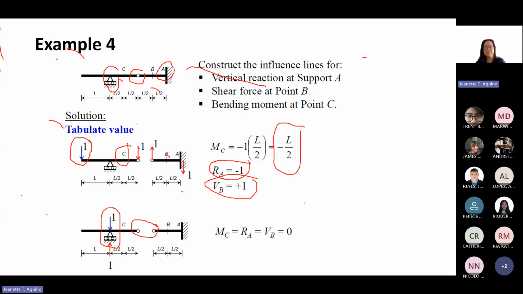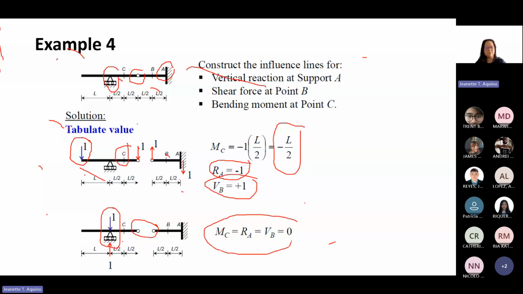Because your load is directly at the support, there'll be no moment and reaction at A, and shear at B will be 0.